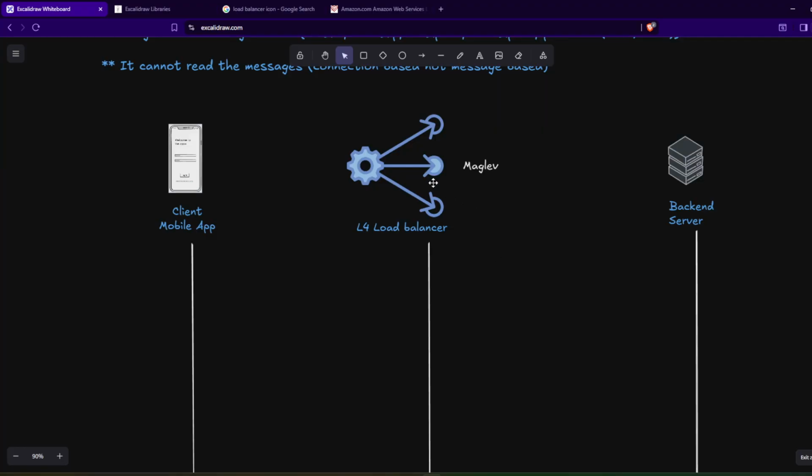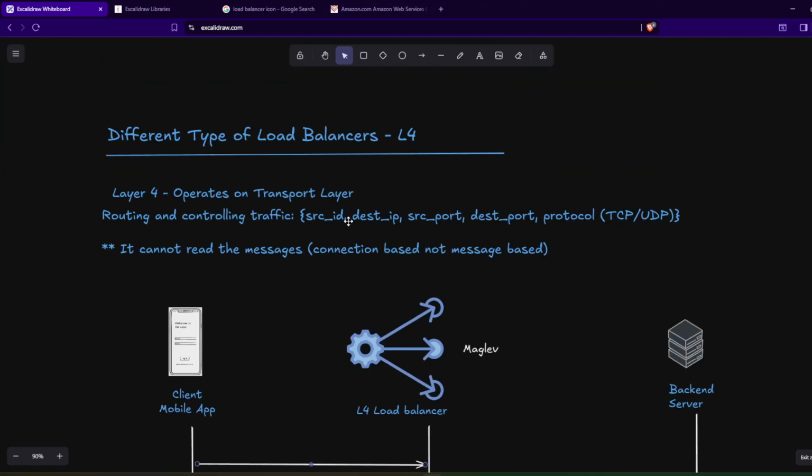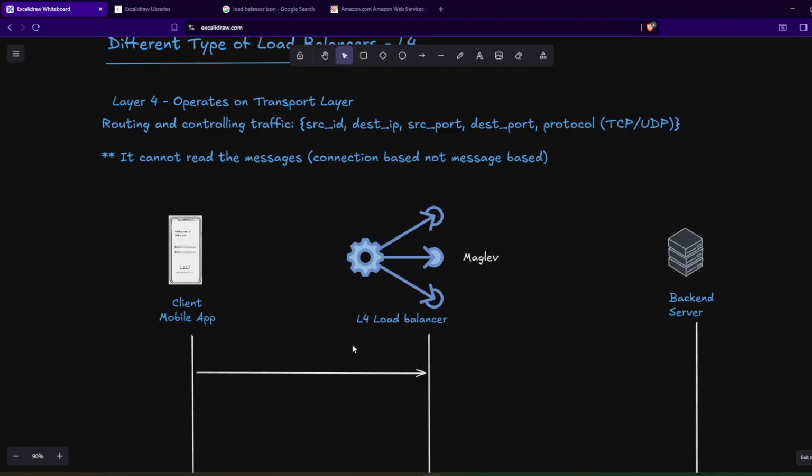If you remember the TLS from our previous video, what would happen here is that first, once it goes to the L4 load balancer, these five elements will be extracted. These five elements have a nice name when dealing with the L4 load balancer: it is known as the five tuple.